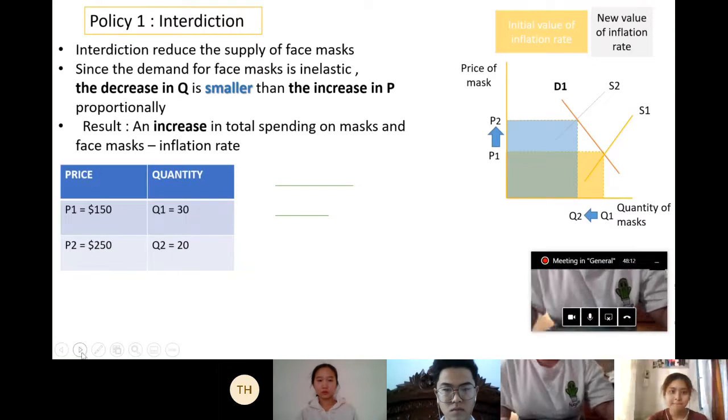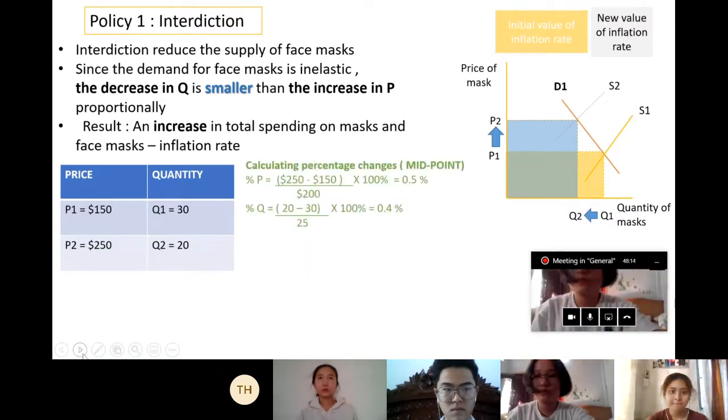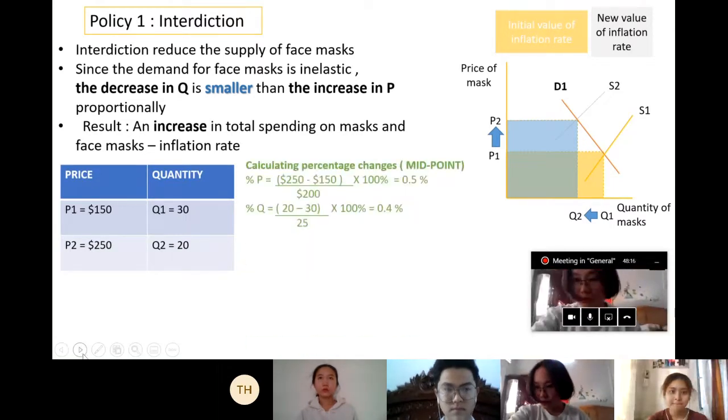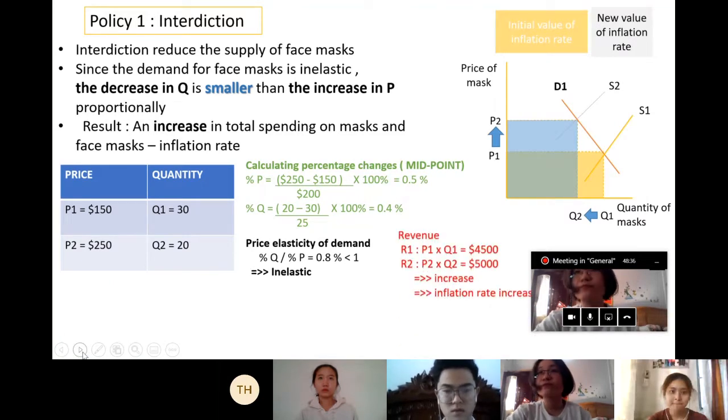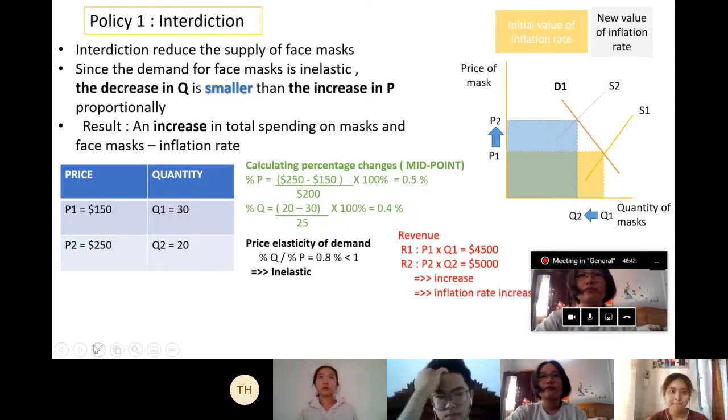This is the price and the quantity. I have calculated the percentage change by using the midpoint method, and the price elasticity of demand is 0.8, which is smaller than 1. And this is why the price elasticity of demand is inelastic. The total revenue is increased, and therefore the inflation rate also increased.